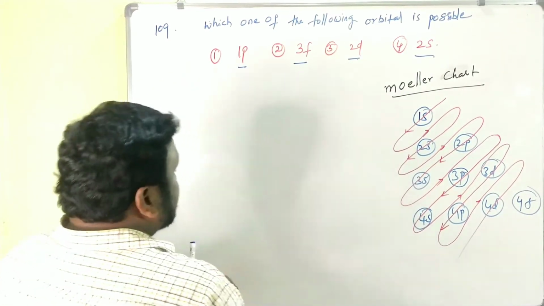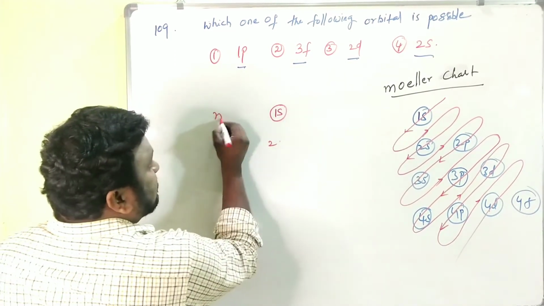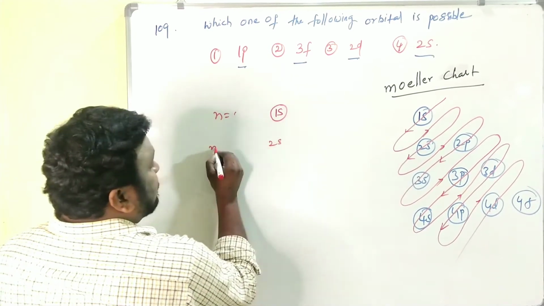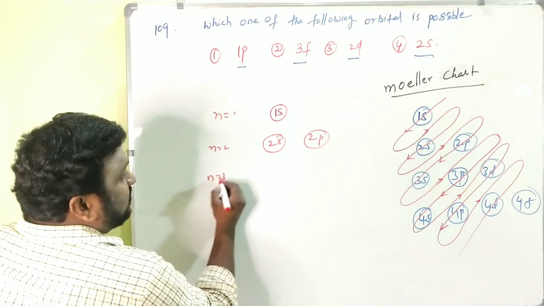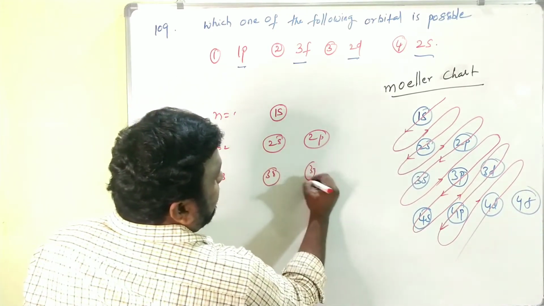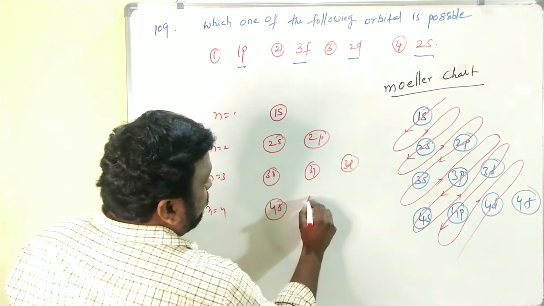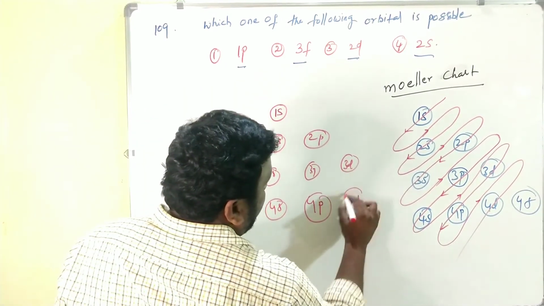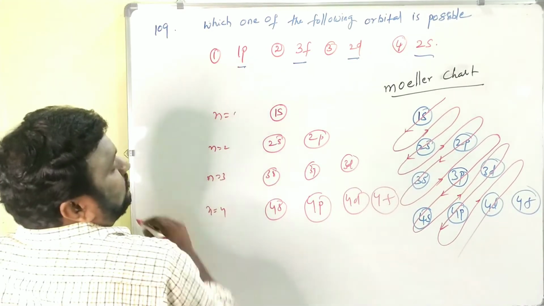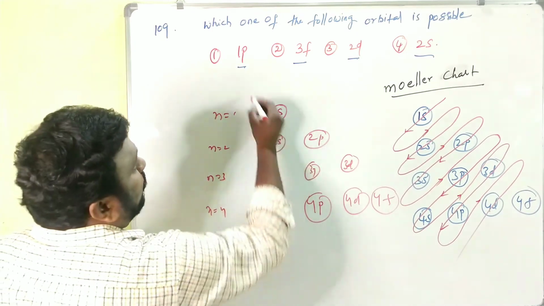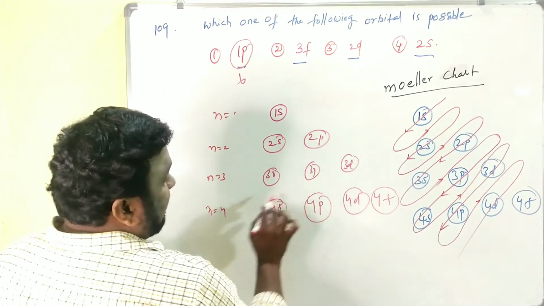Look at it once. Simply what we know: first 1s is there. When n is equal to 1, 1s. When n is equal to 2, 2s and 2p are there. When n is equal to 3, 3s, 3p and 3d are there. When n is equal to 4, 4s, 4p, 4d and 4f are there. So he gave 1p. Is there 1p? No chance, not possible. Next 3f.